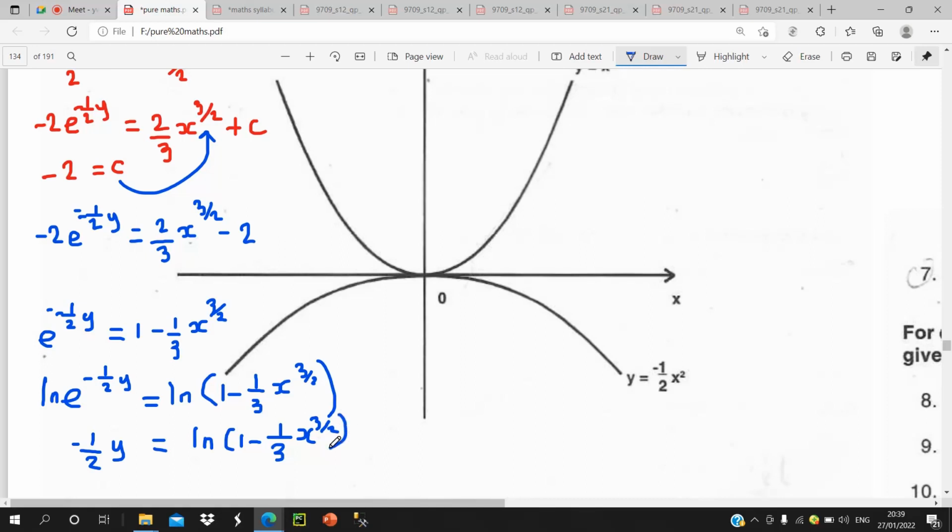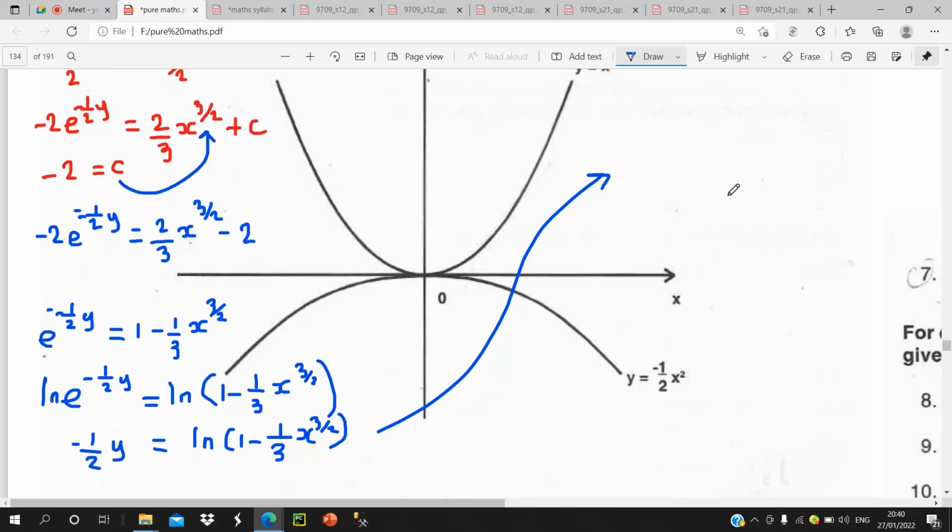Right? Yes. So then we want to make y, we want to remain with y. We are going to multiply by minus 2 both sides.